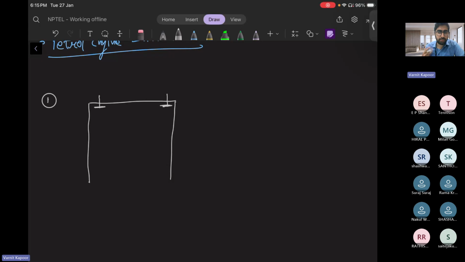Okay. I'm just making a schematic diagram. And we have a device that is a spark plug. I'll explain why this spark plug looks like this. What is the science behind that? But just bear with me.